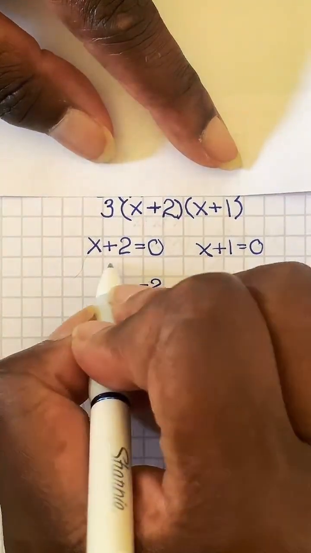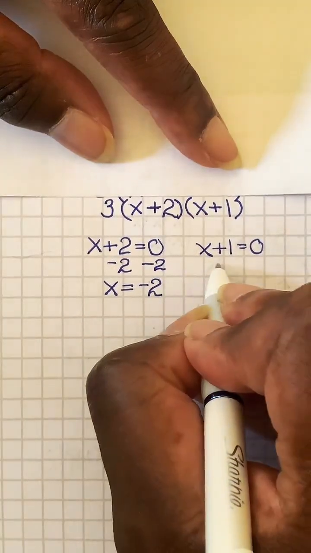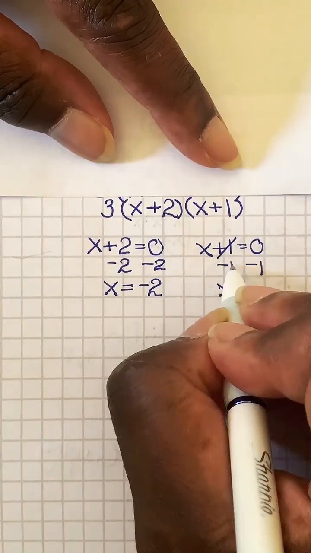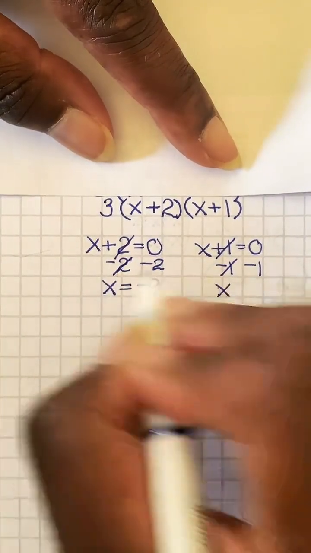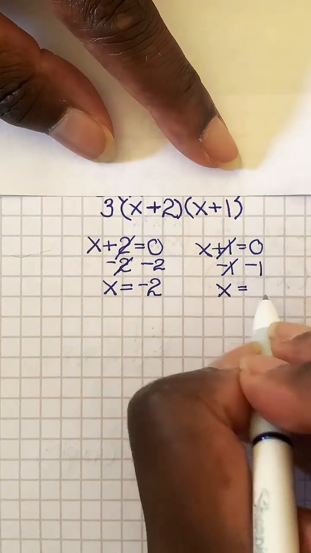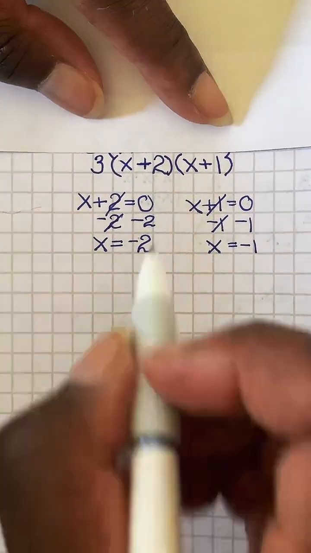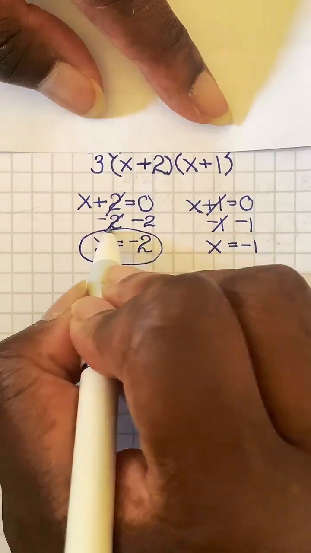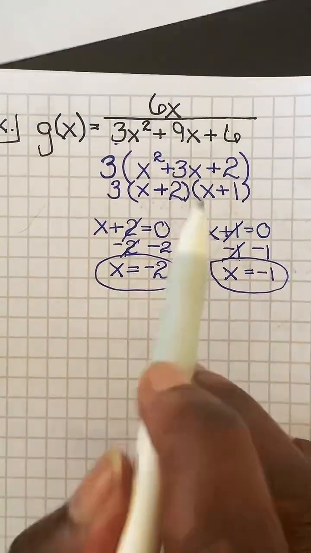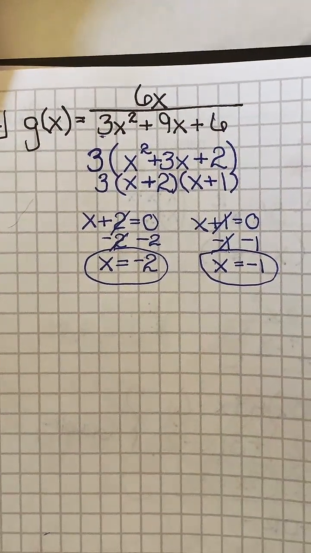And if I subtract the 1 on both sides, these will cancel out, and I get 0 minus 1, which gives me negative 1. So these are the 2 numbers that will make my original denominator equal to 0.